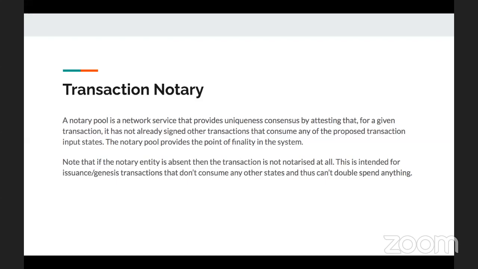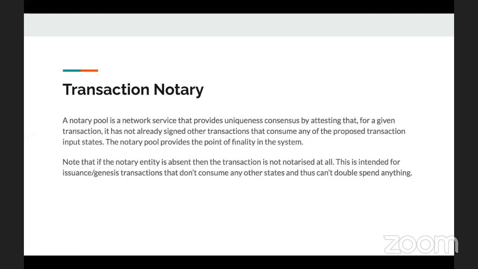A transaction notary is a network service that provides uniqueness consensus by attesting, for a given transaction, that it has not already signed other transactions that consume any of the proposed transaction's inputs. So it is an assurance from the notary that it has not signed any other transaction which uses the proposed input. So the notary pool provides the finality also.